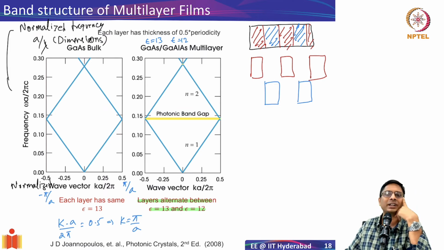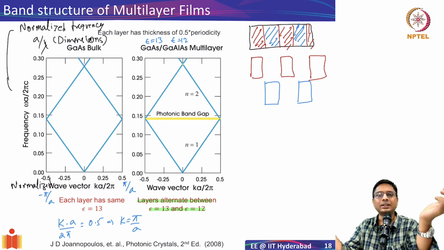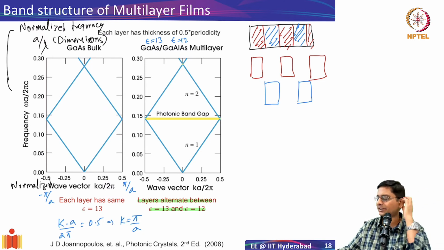Why does that happen? How do we understand this? Well, if these two sublattices were far away, at that particular k, you will see that the energies are the same. So you can understand this from the hybridization perspective that, at the particular k of pi by a, you can have an energy level for the gallium arsenide sublattice.